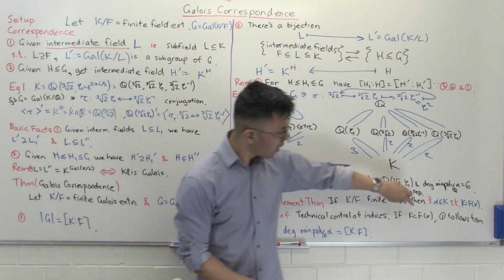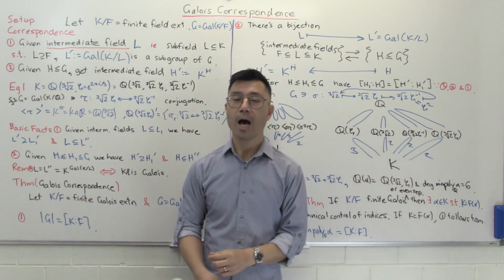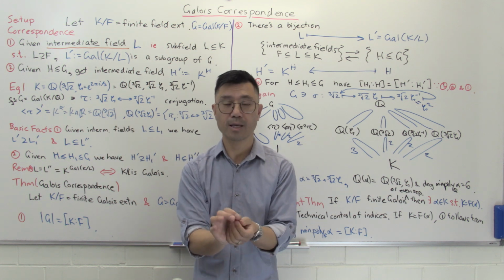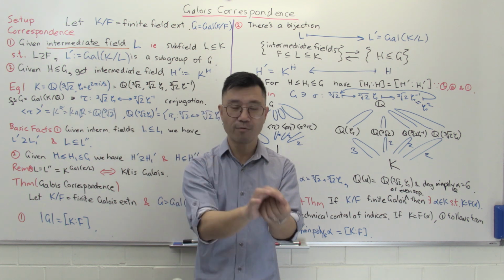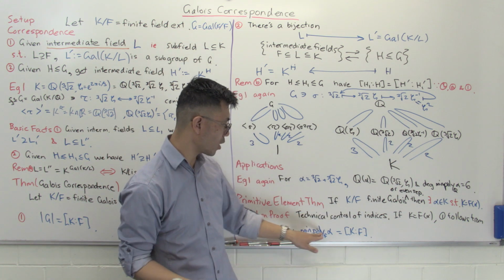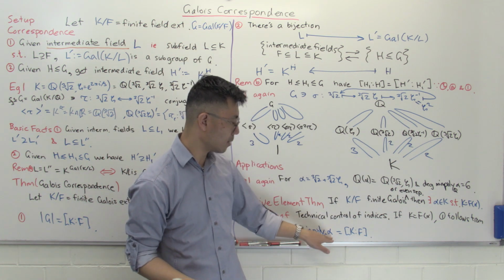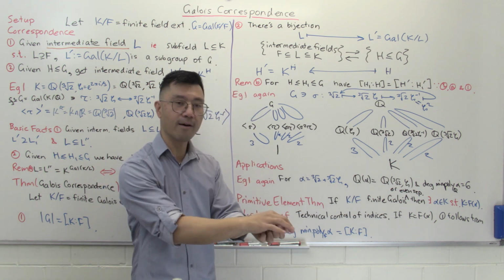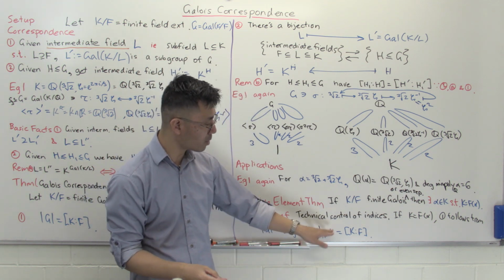Firstly, all the Galois automorphisms are completely determined by what they do to that generator alpha. All it can do is send alpha to another root of the minimal polynomial of alpha. So it's restricted to sending alpha to one of the roots, the number being the degree of this minimal polynomial.